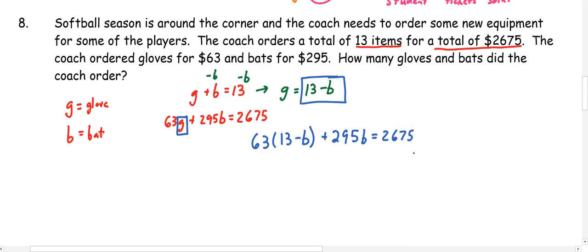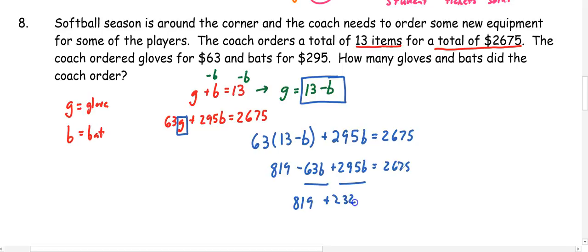So when I distribute the 63, I get 819 minus 63B plus 295B equals 2,675. So I can combine those B terms, and when I combine those, I get 819 plus 232B equals 2,675.